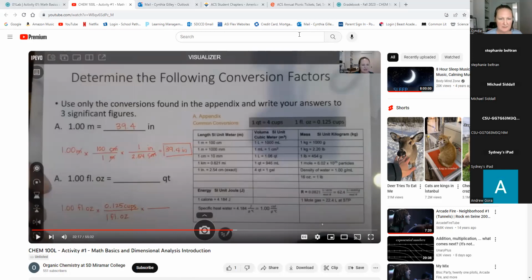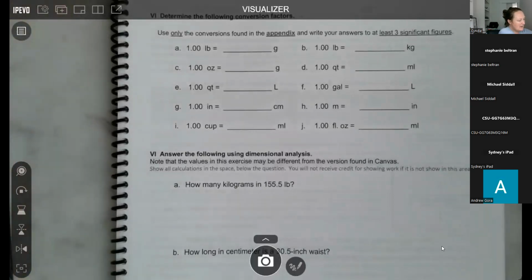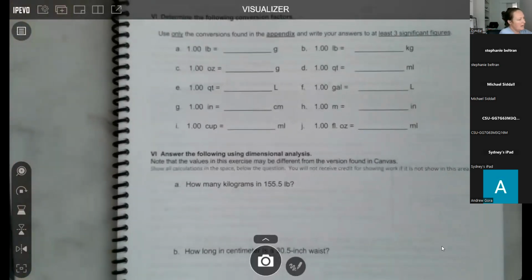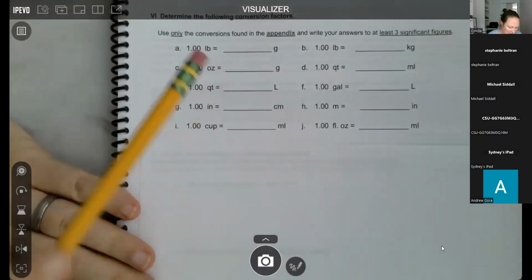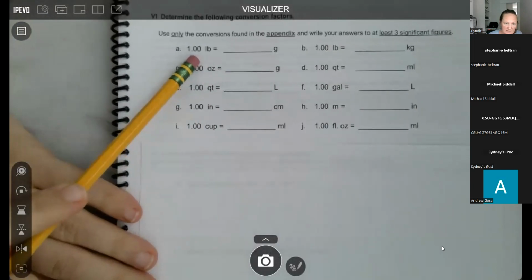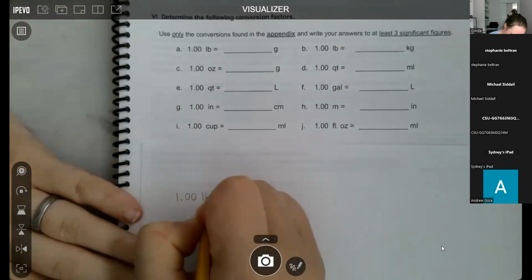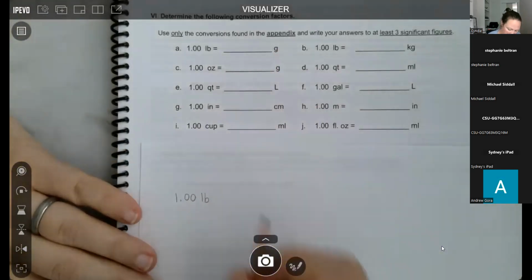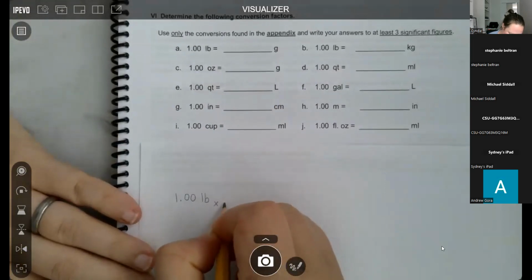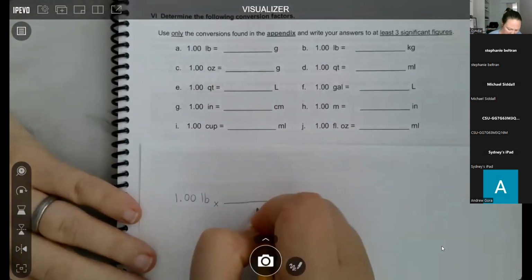Okay, but how do we do this? We want to use that appendix. And what we want to do is start with what's given to us, and we're going to go 1.00 pounds. And I know I'm going to want my answer in grams. So hopefully, and we'll have to check, there's a conversion directly from pounds to grams.